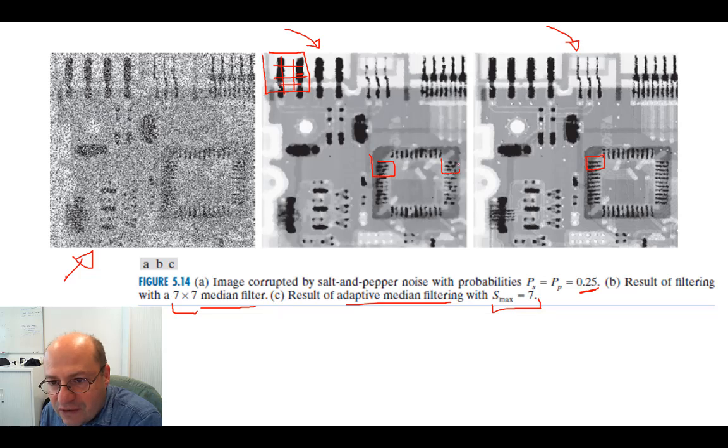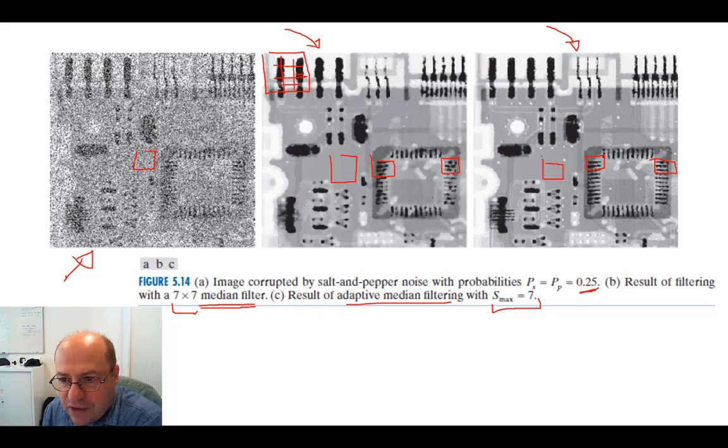Look at this. We lost important information here because the median filter doesn't care about the local statistics, how the local statistics are related to the global statistics. Whereas in regions of pure noise, you can see that they both were quite good.